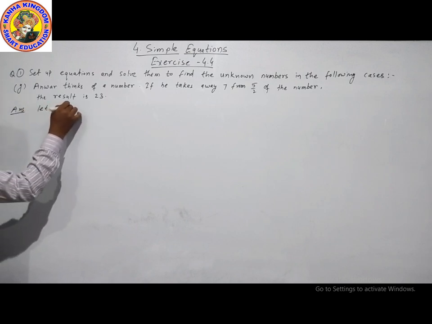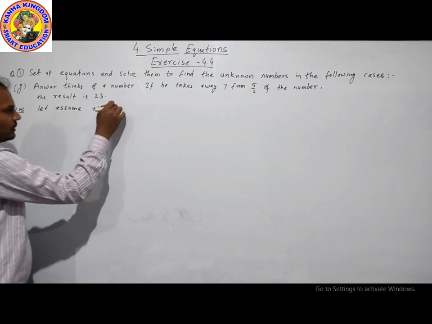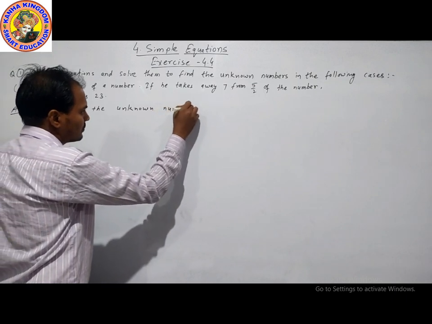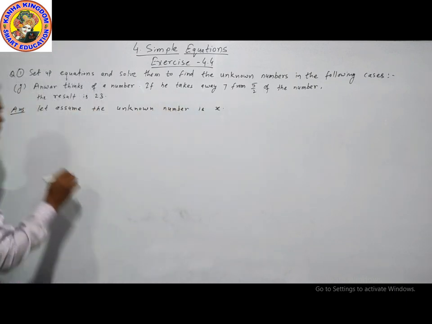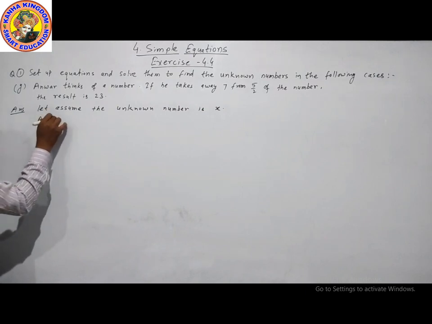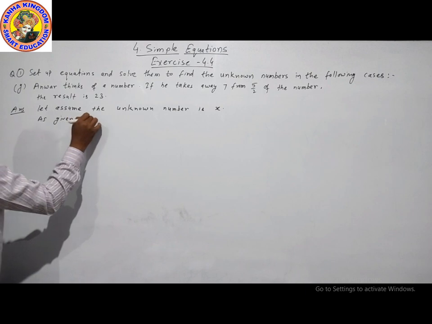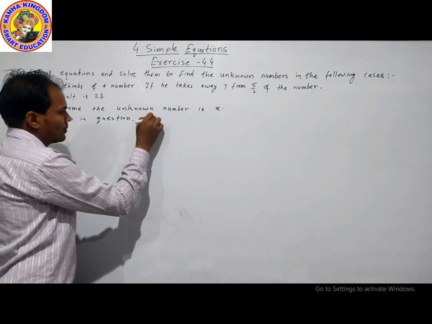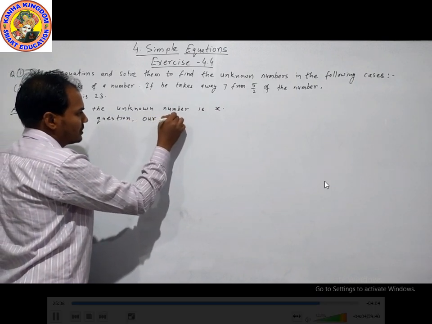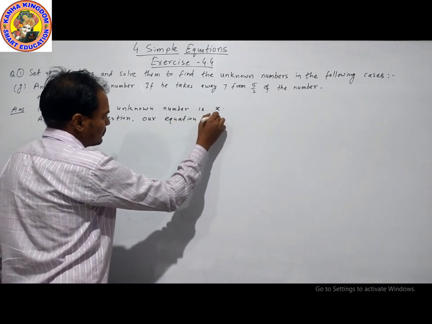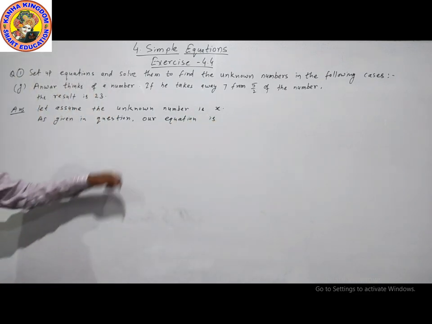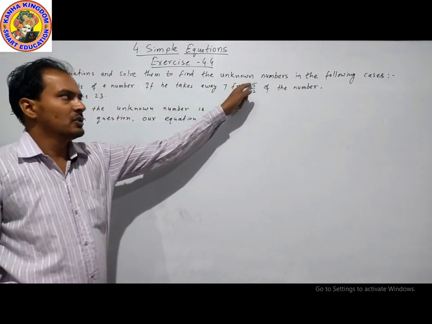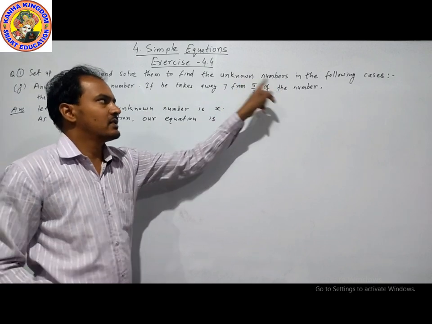First of all, let's assume the unknown number is x, as given in the question. Our equation is: if he takes away 7 from 5 by 2 of the number, the number is x, 5 by 2 x.